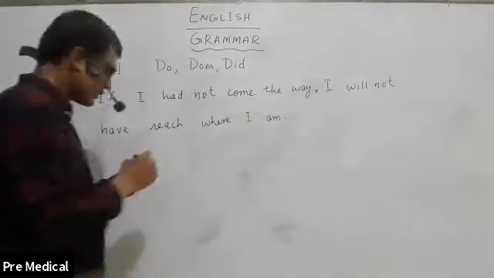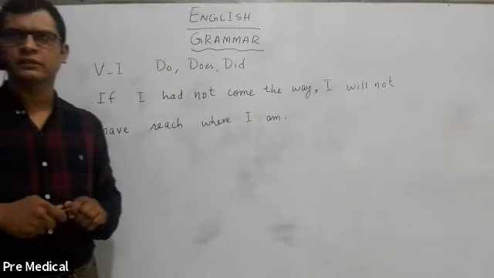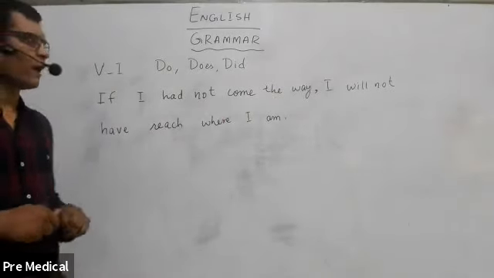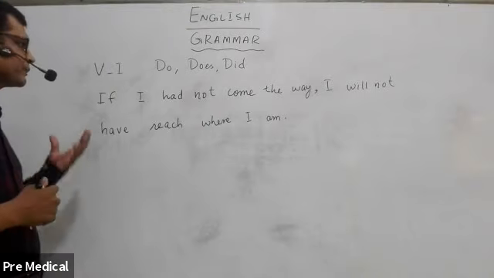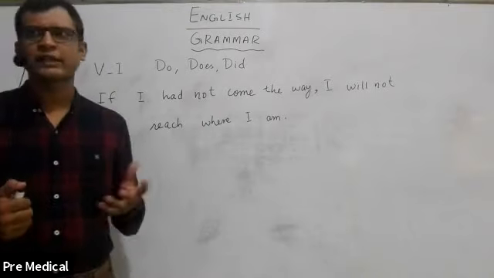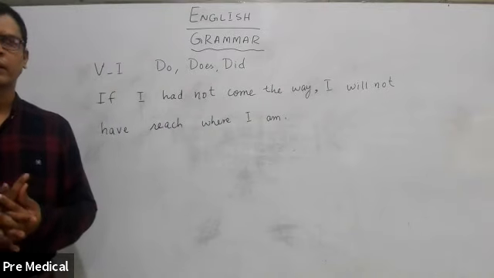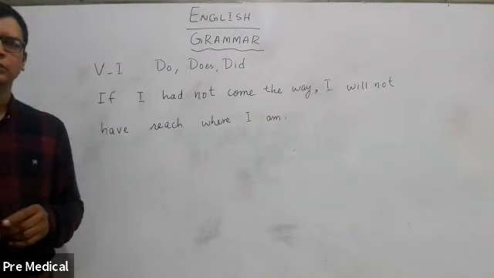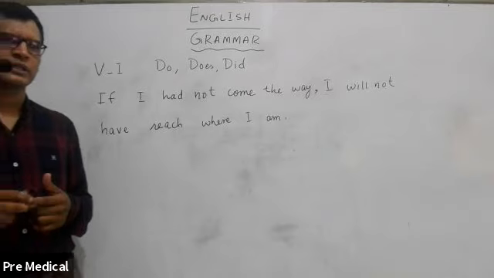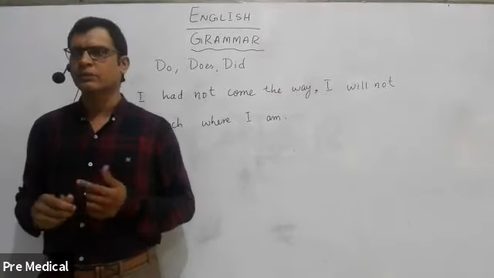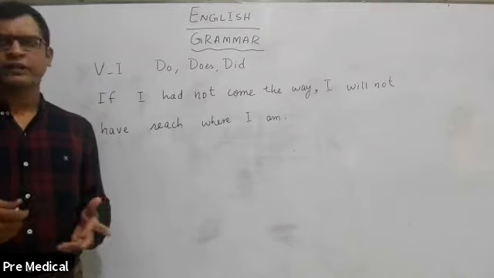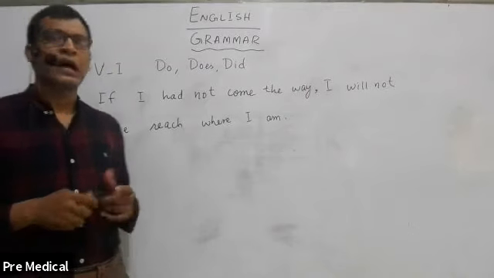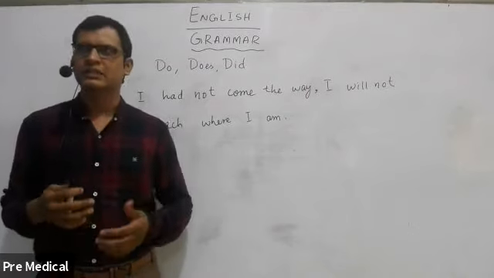Okay. In this sentence, you can see that there are a few things that we need to understand. Firstly, we need to see what kind of tense it is. Tense is important. You need to say whether it is a present tense or a past tense or a future tense, and why we are using it, and how to identify a certain tense.